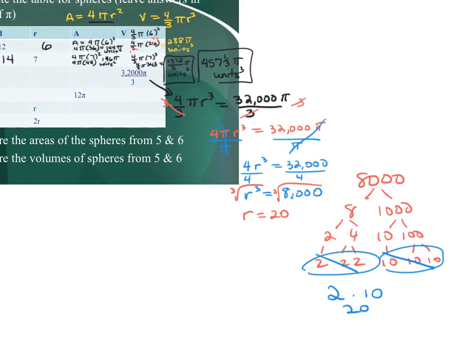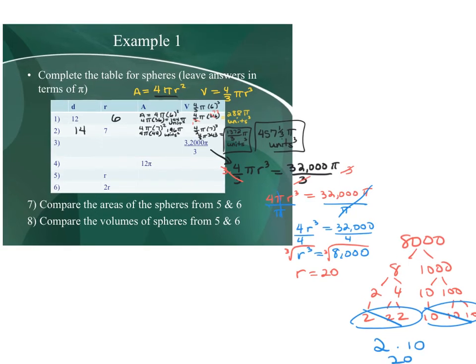So the radius for this problem, now all of that, it was kind of lengthy. We're going to come over here. My radius is going to be 20. My diameter, double it, it's 40. And now to get the area, remember area is 4 pi r squared.